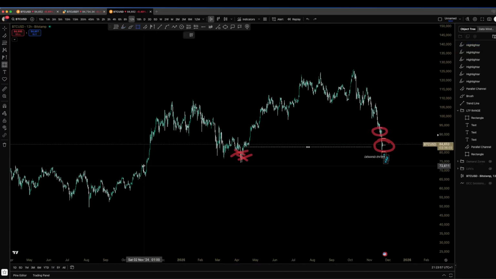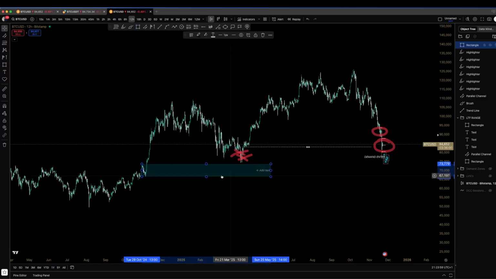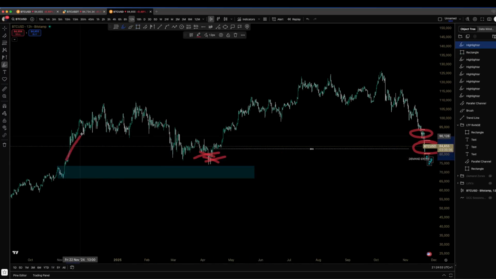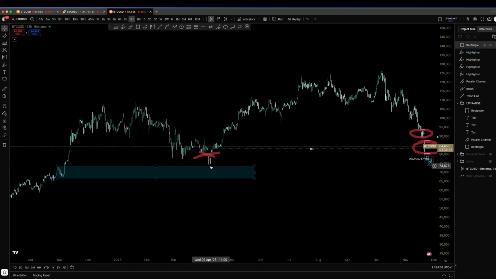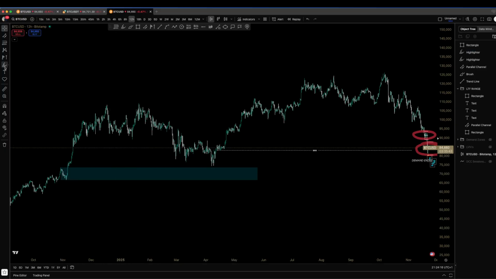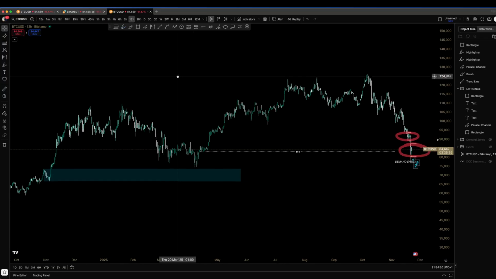Let me make it clear. This is the last order block before this push higher, and we never retested this order block. So what happens if we front run such an important order block? It will be tested with a high probability once again later in time.